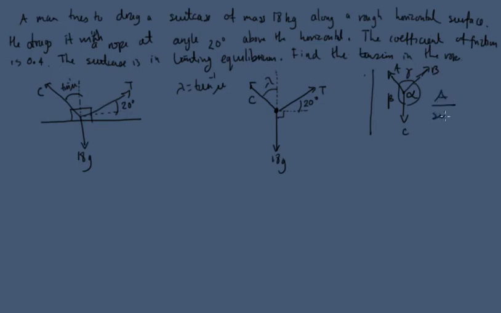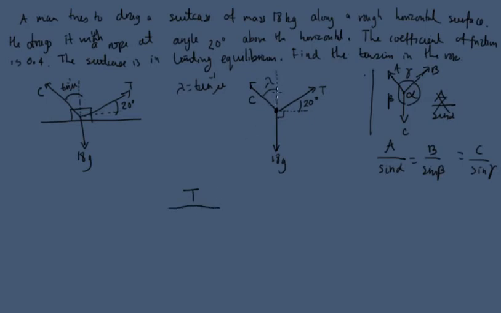A divided by sine alpha is going to equal B over sine beta, which equals C over sine gamma. So we want to find T. So T over this angle.